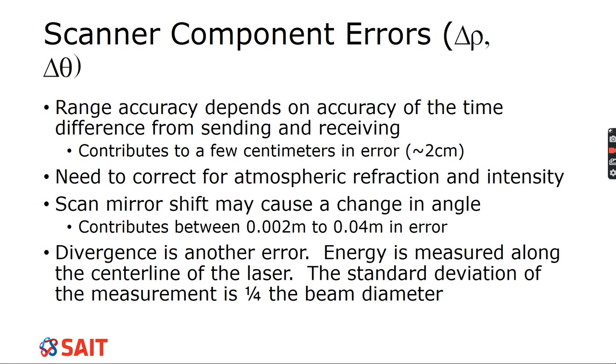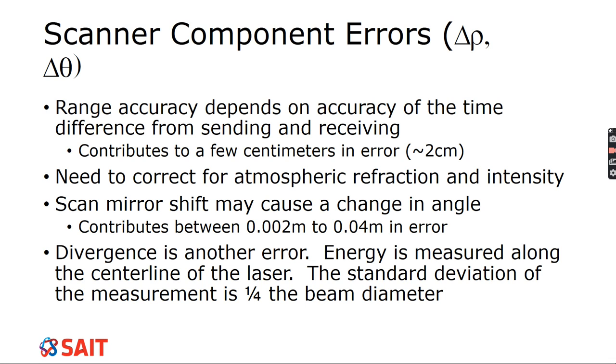Another error that happens with scanners goes back to the physics of lasers: divergence of the beam. So looking at the beam diameter, it's an error, right? What we do is measure the center line of the beam width, and that is considered the actual measurement that we pick up. That's what we use for timing.